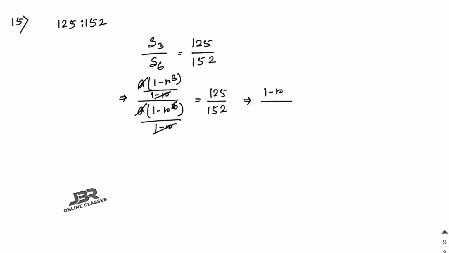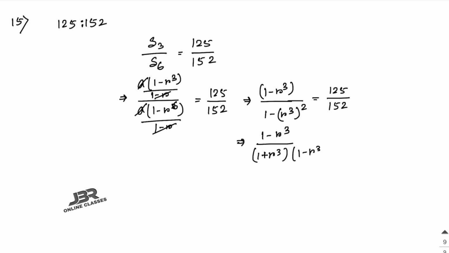So (1 - r^3) divided by (1 - r^6), you can write 1 - r^6 as (r^3) square, that one equal to here 125 by 152. So for 1 - r^6, the factors will be (1 + r^3) and (1 - r^3), because of the a square minus b square formula.